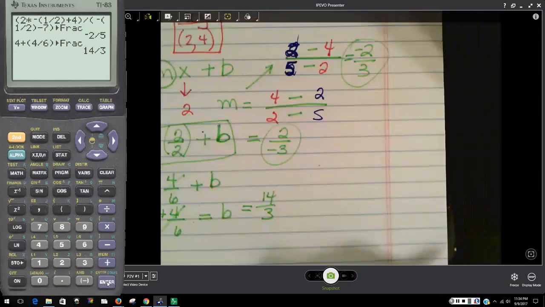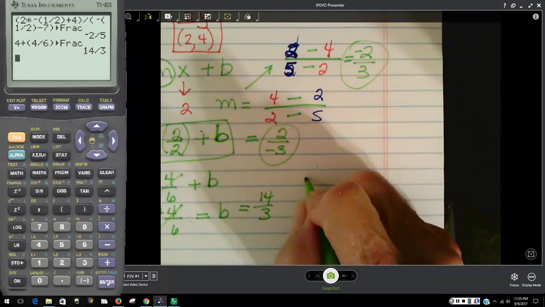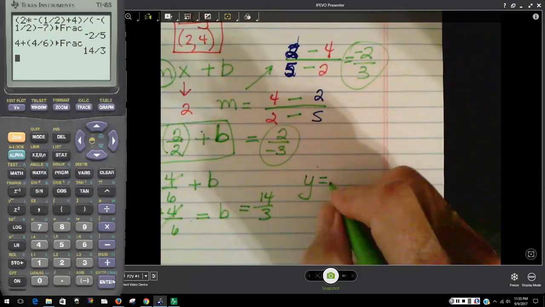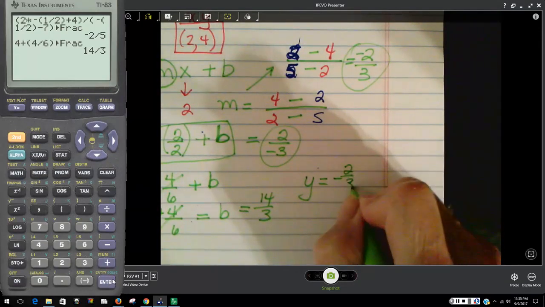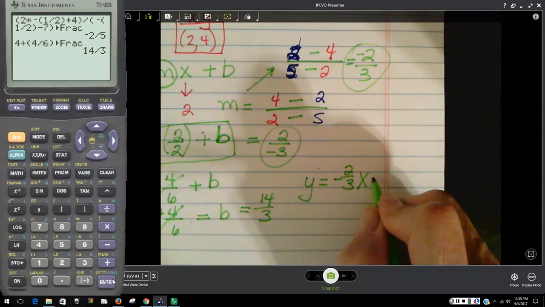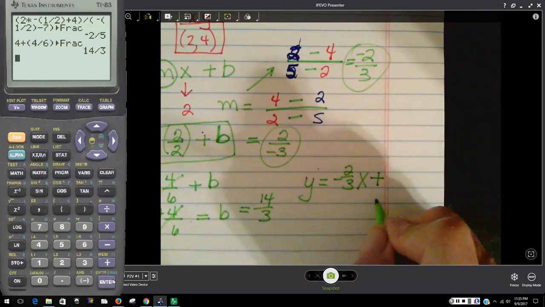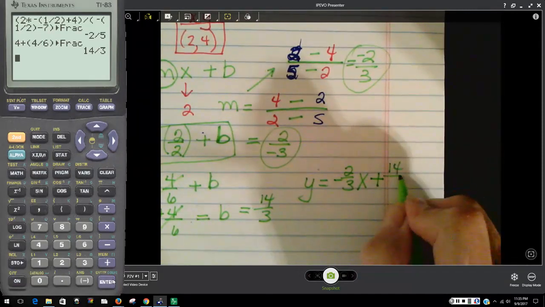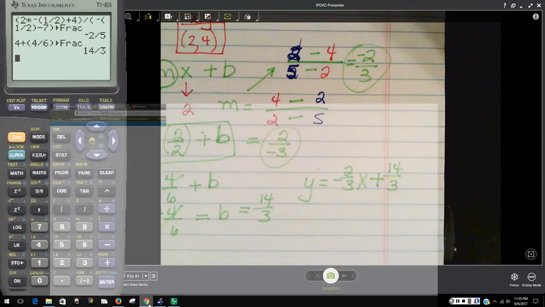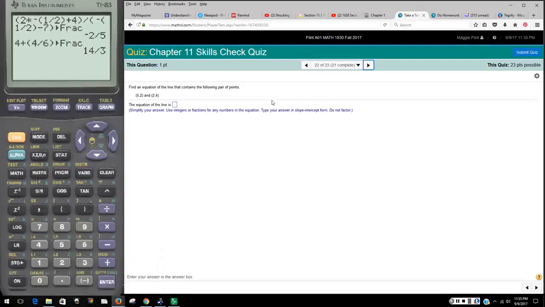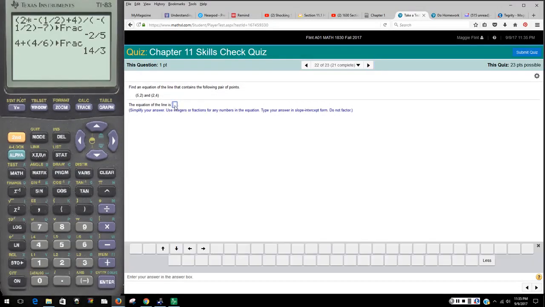So my line is y equals negative 2/3 x plus 14 over 3. And that's slope-intercept form. So the equation of the line is, and notice here it says, type your answer in slope-intercept form.